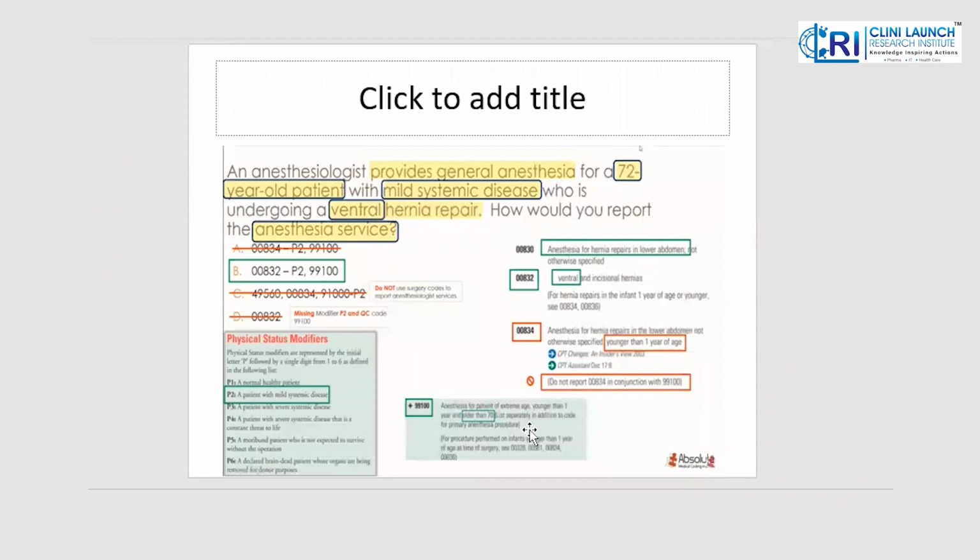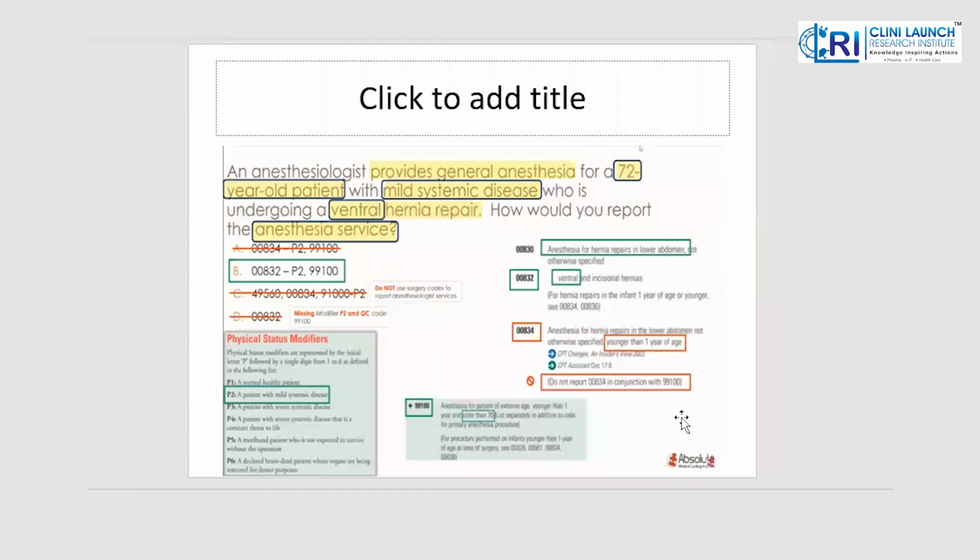Okay, that is anesthesia for patient of extreme age, younger than 1 or older than 70, list separately in addition to code for primary anesthesia procedure. So this is the primary anesthesia procedure. This is the add-on, 99100. So this will be listed in addition to this.